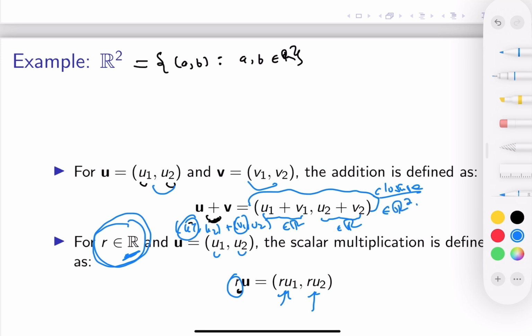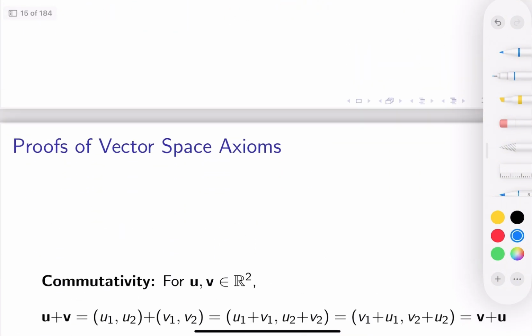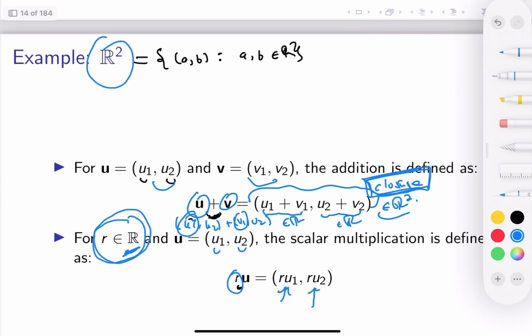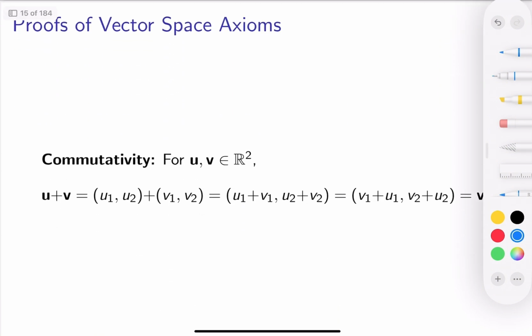I mentioned that one important property when proving that a candidate is a vector space is to prove closure under addition. When we added two vectors, we still got an element of the same set. This is what makes R2 a candidate, and now we're gonna prove the axioms. Let us go over these.